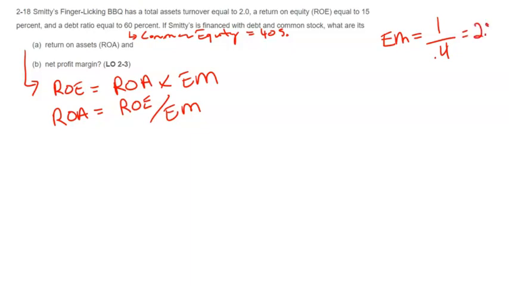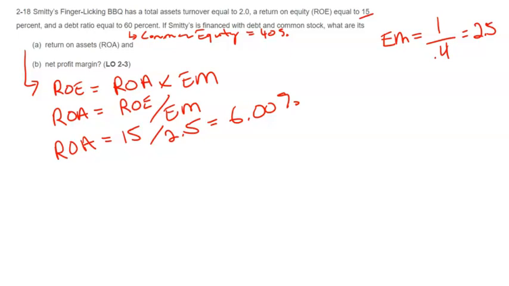So that's 2.5. So our ROA, return on assets, is equal to 15, our ROE, divided by 2.5, which is 6%. So that's the answer to A.